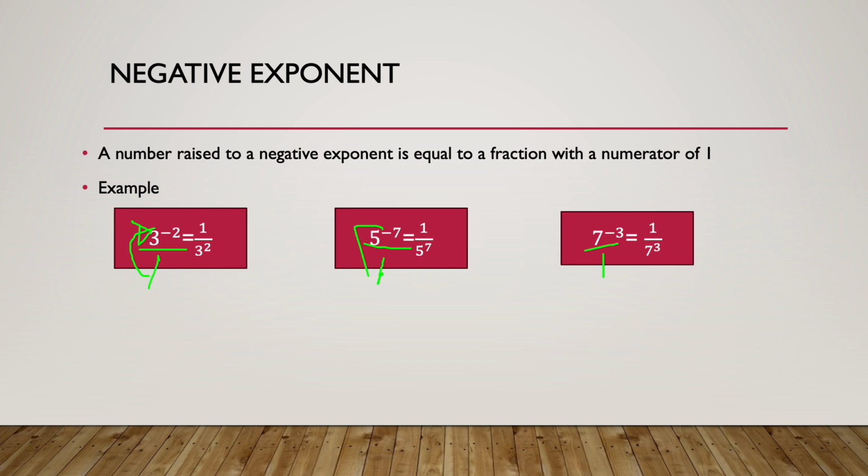Then the number 1, don't forget to write the number 1 above the fraction line. I hope you could understand. If you have any questions, just drop a comment. Let's go to the next slide. That's how you handle the negative exponent.